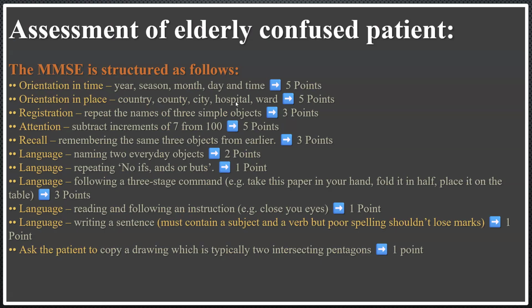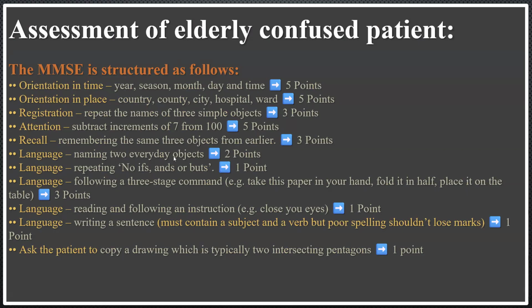He will say, I don't know, I don't know. So continue. Can you repeat the names of three simple objects? Pen, car, watch. Can you subtract increments of 7 from 100, 5 times? Thank you. Do you remember the same three objects from earlier? I cannot remember. No worries.